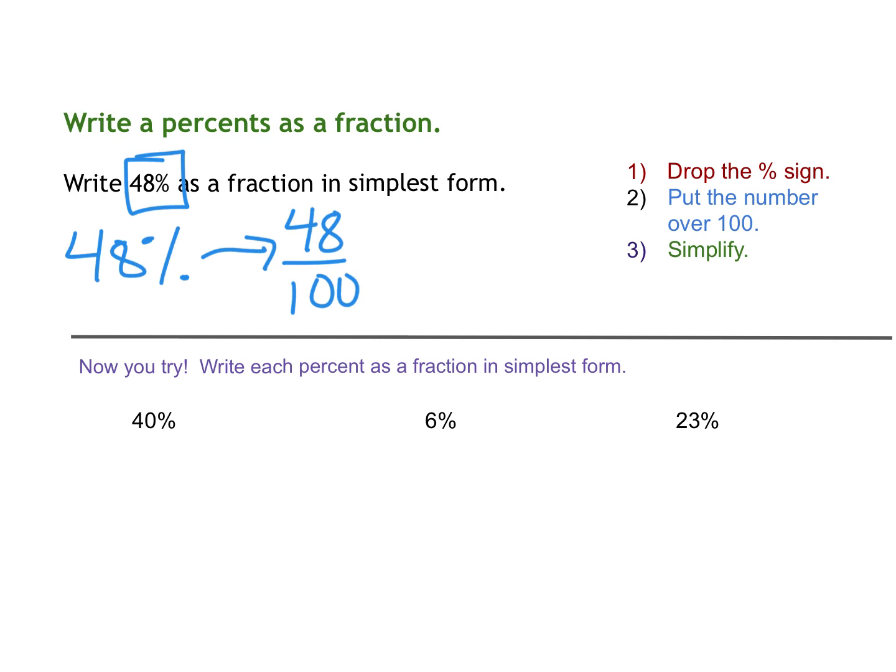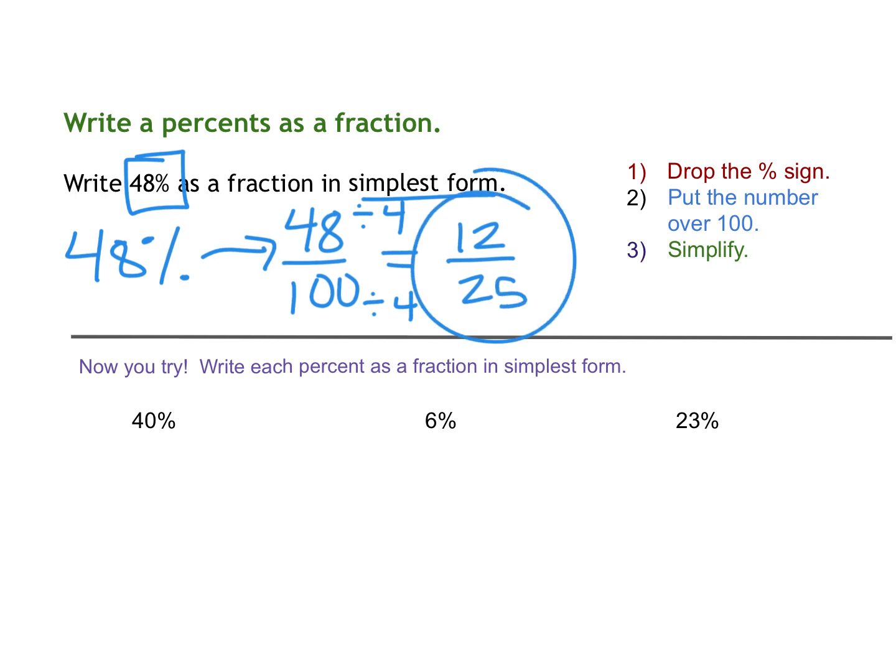So 48 hundredths, and then we write it in simplest form. 48 and 100 can both be divided by 4. 48 divided by 4 is 12. 100 divided by 4 is 25. So it'd be 12/25ths. So 48% is the same as 12/25ths.